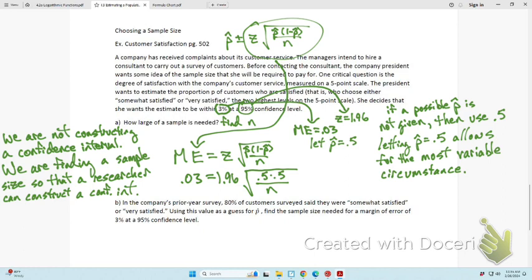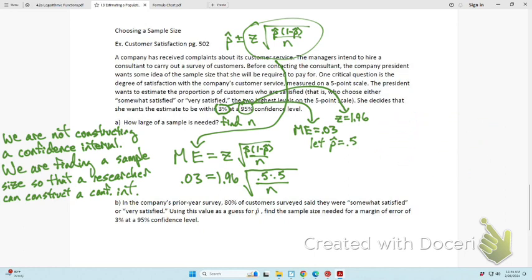So you let p hat be 0.5, and then you just have an algebra problem to solve. Unfortunately, I have run out of room, so I'm going to need to erase. So let's get rid of some of this writing, and let's solve this equation. I'm going to divide both sides by 1.96. And multiply 0.5 times 0.5, and I have this. I'm going to square both sides.